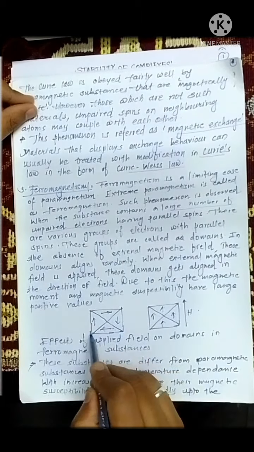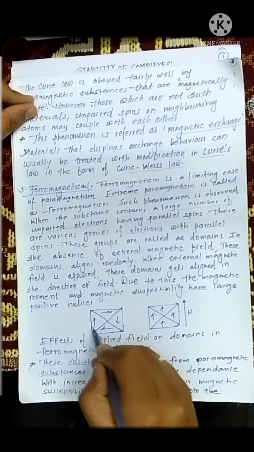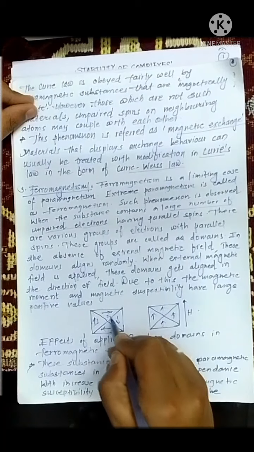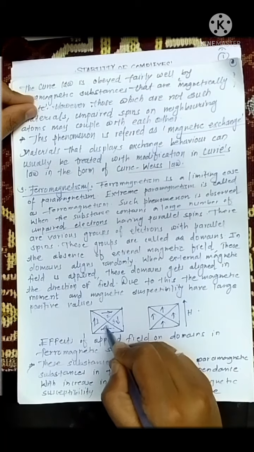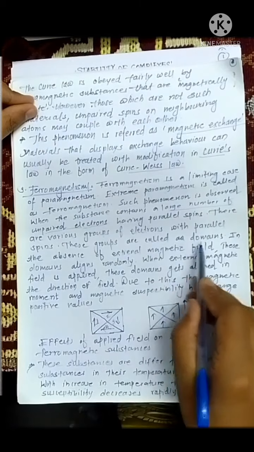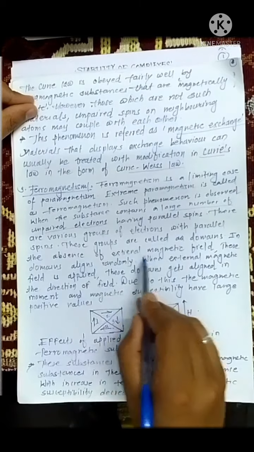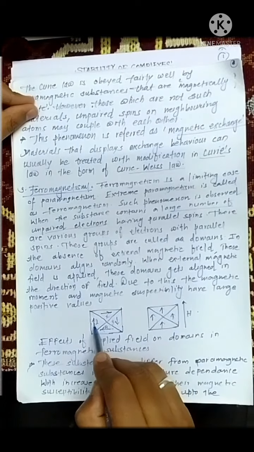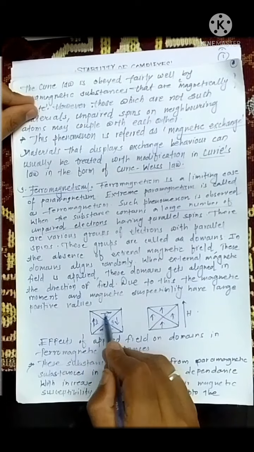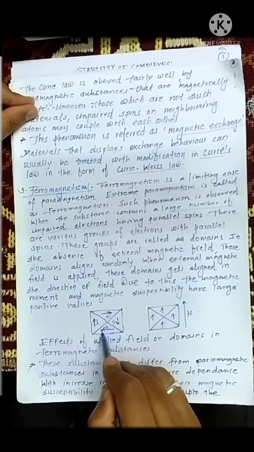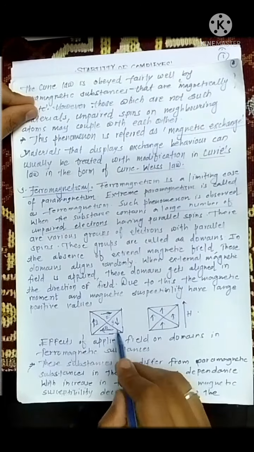Just see here in this diagram. This is section 1, this is section 2, section 3, section 4. These sections are known as domains. In the absence of an external magnetic field, these domains align randomly. Just see the arrow in each domain; they are randomly aligned in the absence of an applied magnetic field.